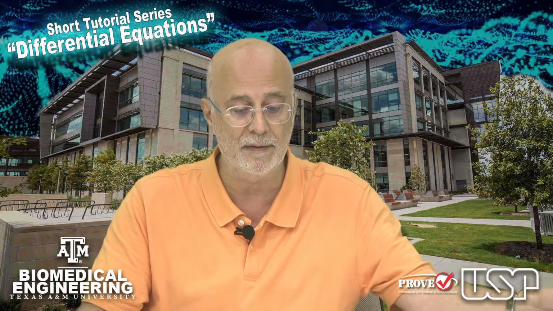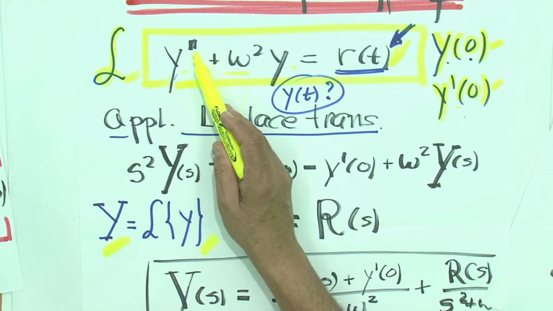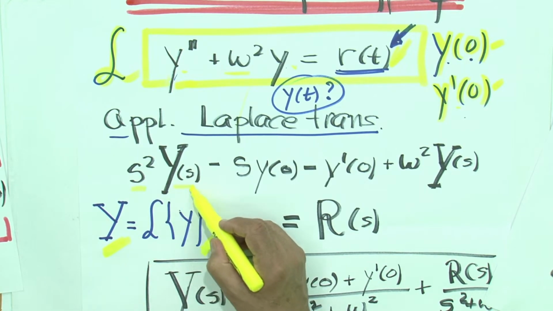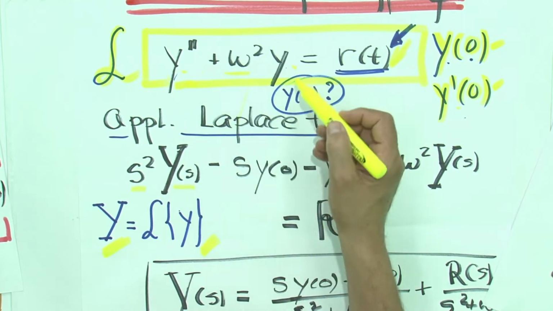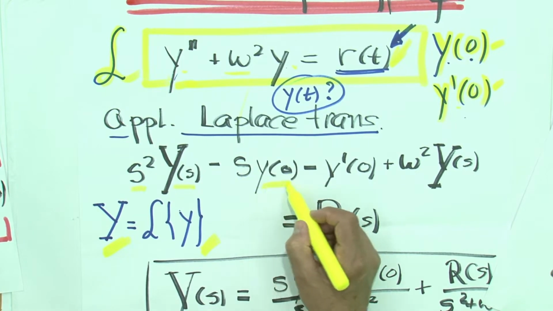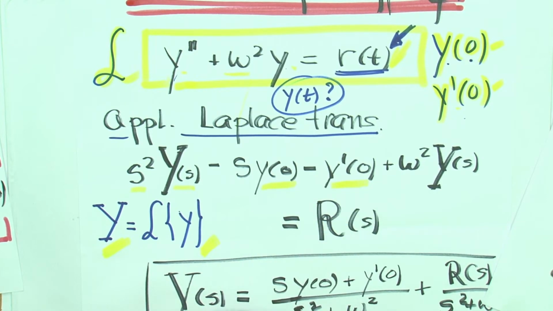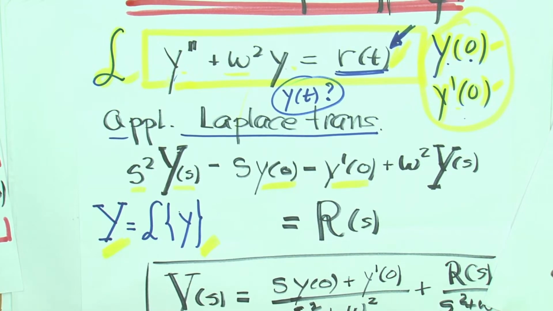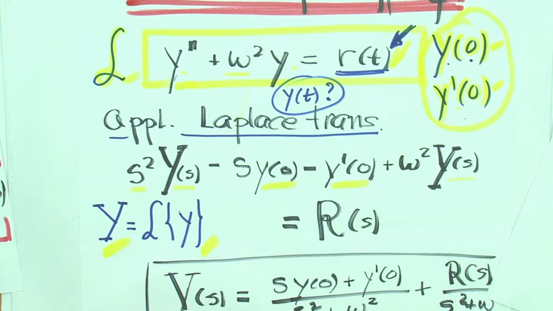So if we use that, then the Laplace transform of y double prime, which is the second derivative of y, is s squared times capital Y, that now is the Laplace transform of small y, minus s times the initial condition minus the initial condition of the first derivative. Those are given values. Those are the initial conditions. Plus omega squared times the Laplace transform of the function itself.